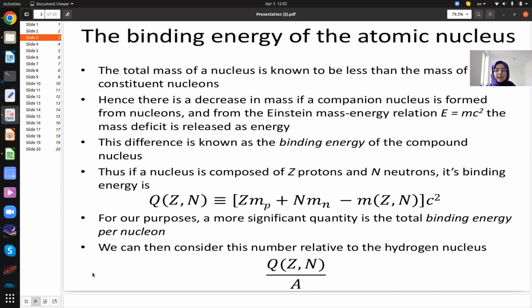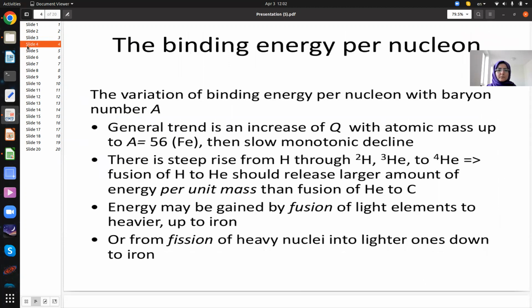We can then consider this number relative to the hydrogen nucleus, as you see, Q over A. The binding energy per nucleon: the variation of binding energy per nucleon with baryon number A. The general trend is an increase of Q with atomic mass up to A equals 56, which is iron, Fe. Then there is a slow monotonic decline.